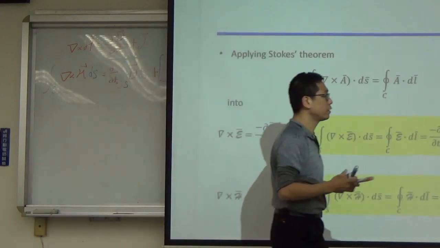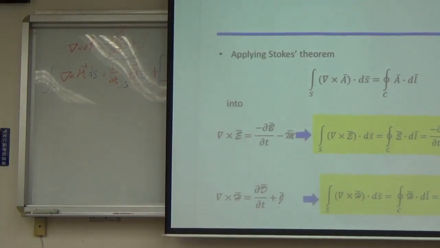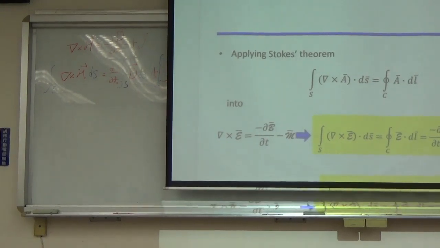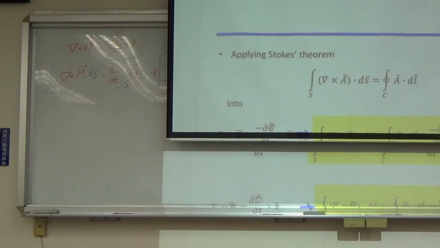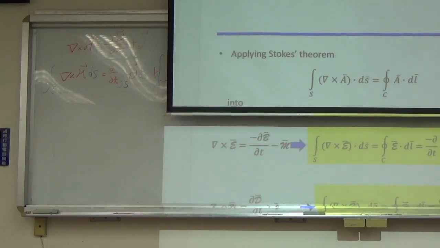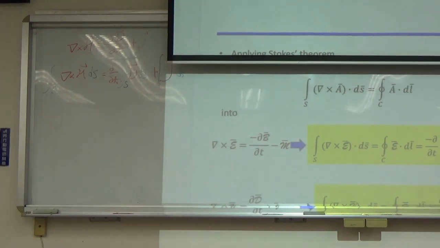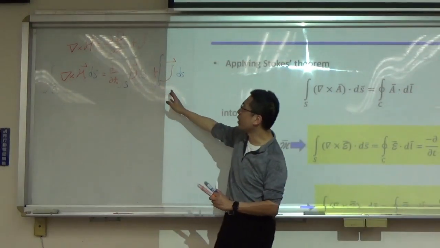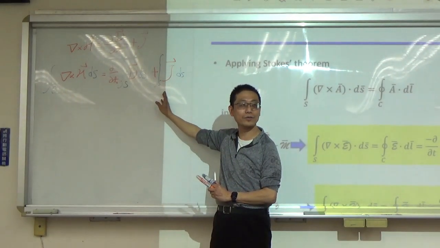Are we good here? I didn't do anything. I just copy the equation and take the surface integral of both parts. I think this color can help you, the blue one and the orange one.